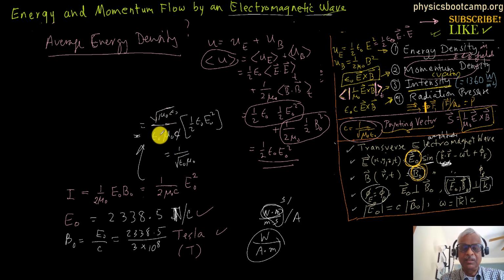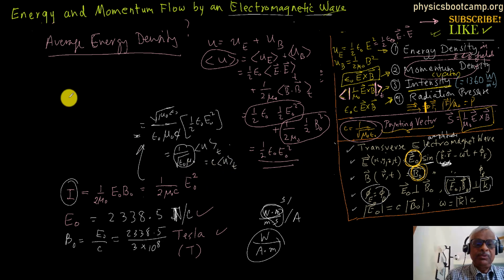This cancels out like that, and this is the average energy we want. So you can see the average energy density is related to intensity by the factor c: I equals c times U_T. Working this out tells us that once I have intensity, I can get energy density very readily, and I don't have to plug in and do lots of work.